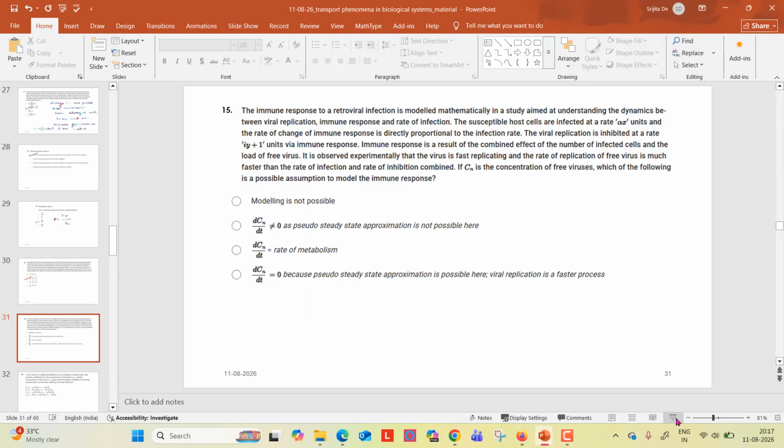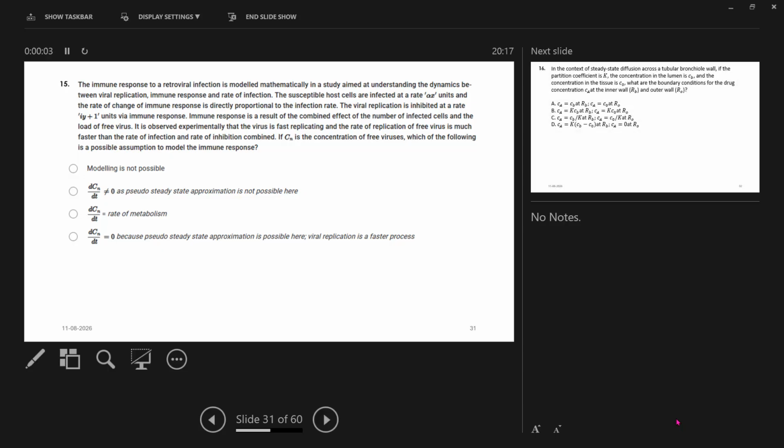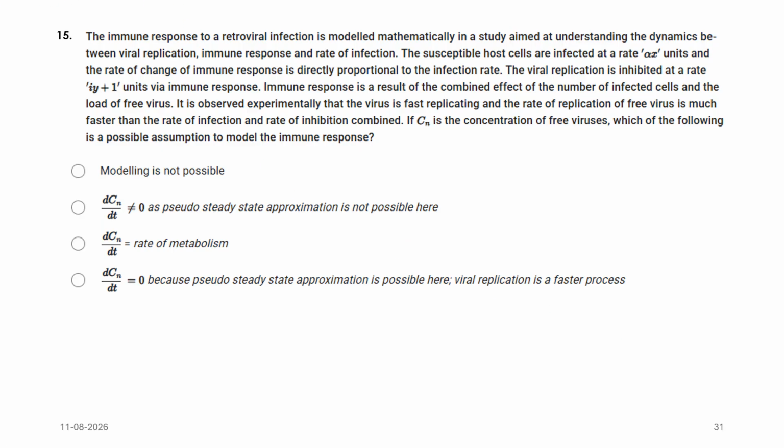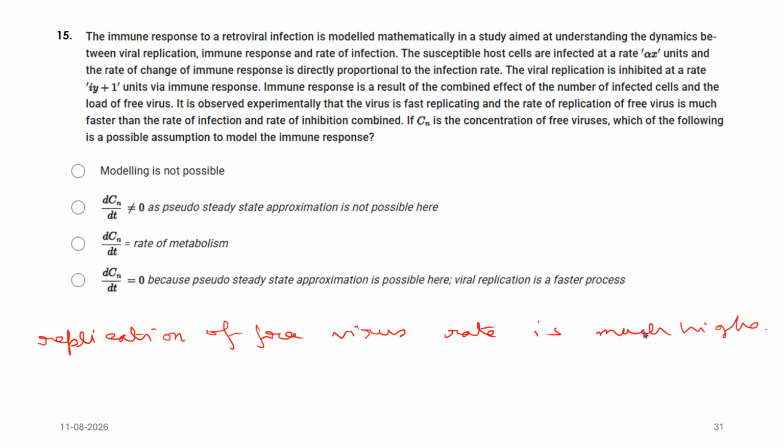So as you can see, the replication of free virus rate is much higher than the rate of infection.